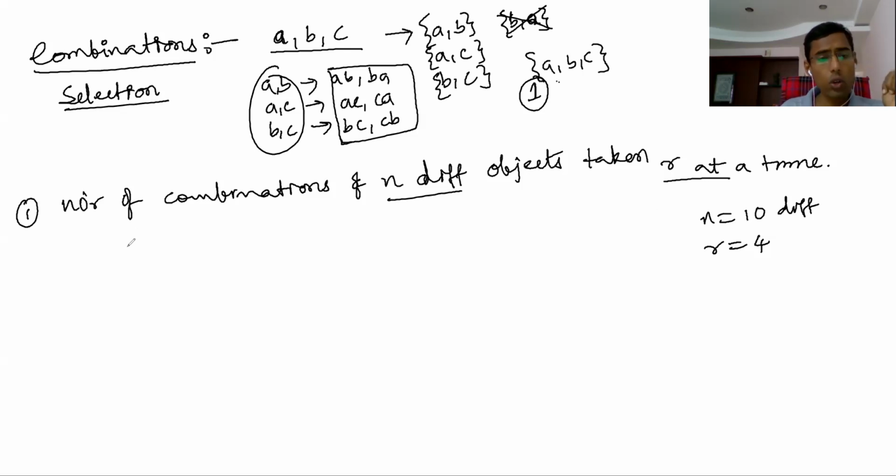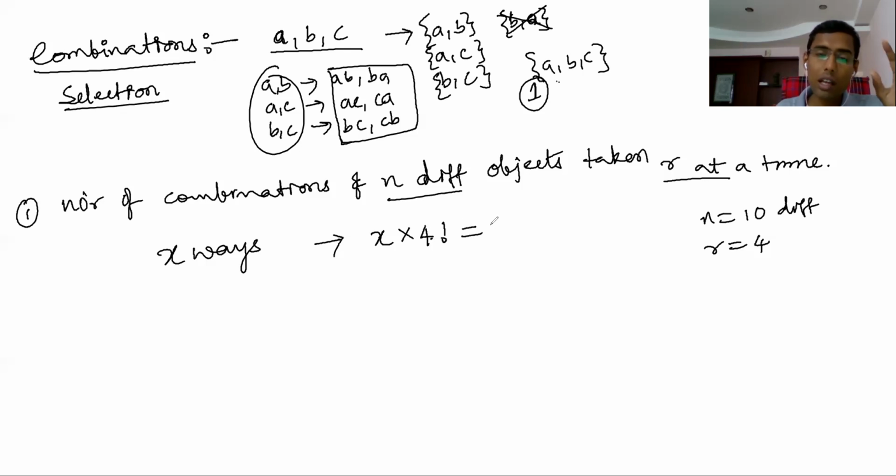I don't know the number of combinations, so let's say x ways I can select. After selecting 4 objects, I can arrange them in 4 factorial ways.